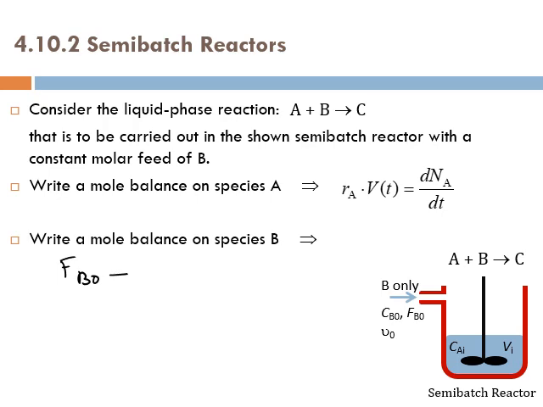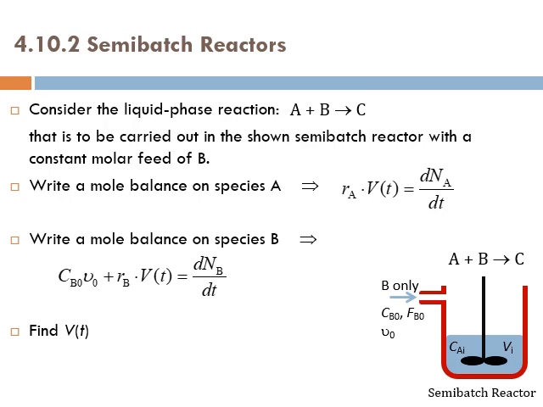No, we don't have, so no minus FB. Okay, so plus generation, so that is RB times V equals dNB over dt. Okay, so again, how do we write FB naught? Well, FB naught is simply CB naught times epsilon naught, and again V is a function of time.